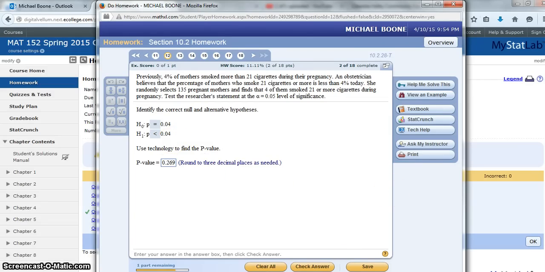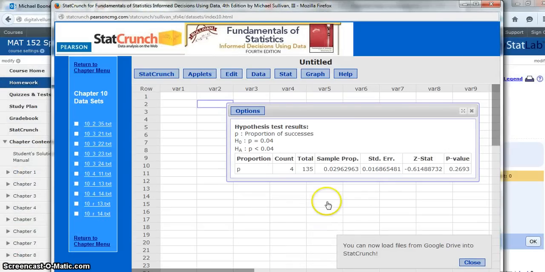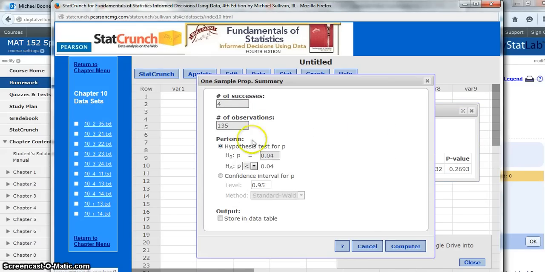Let me check my inputs. 0.269. Said less than 4%. Huh. Well, maybe that's why the person had the question with it.